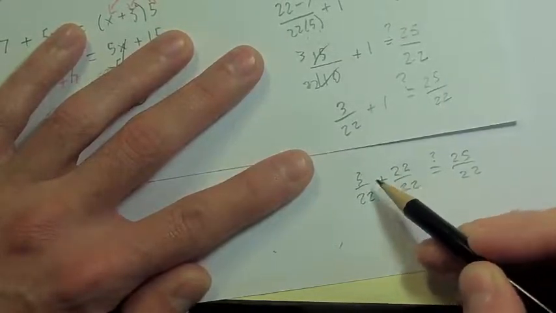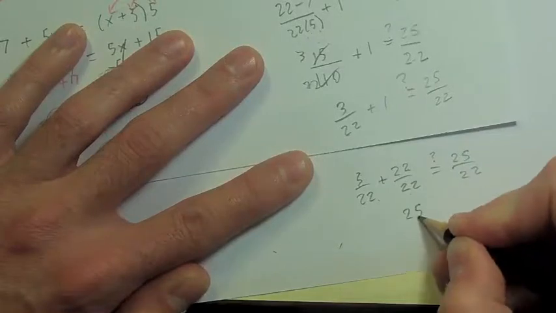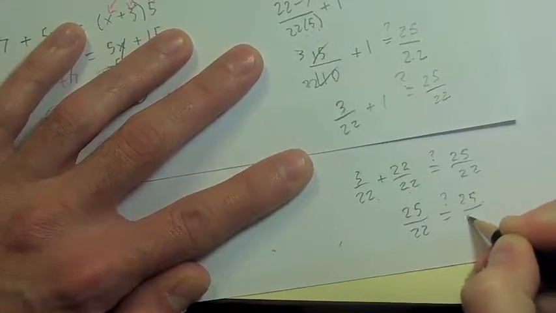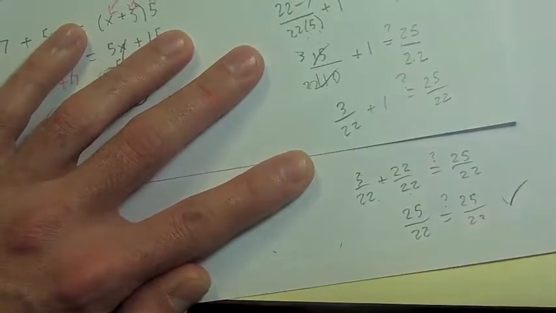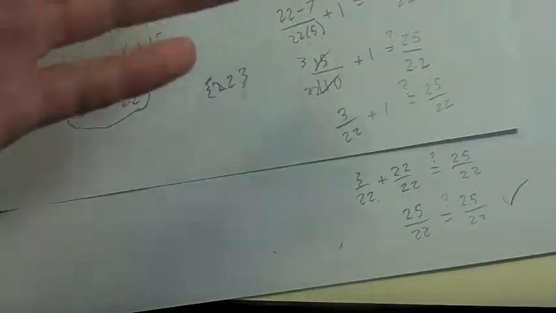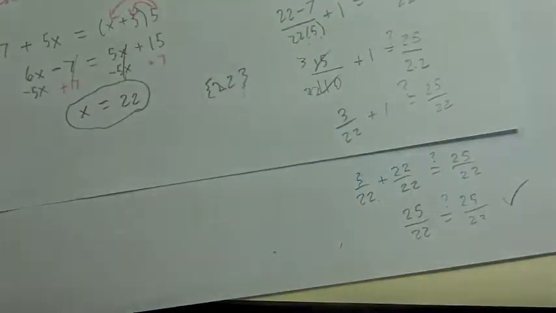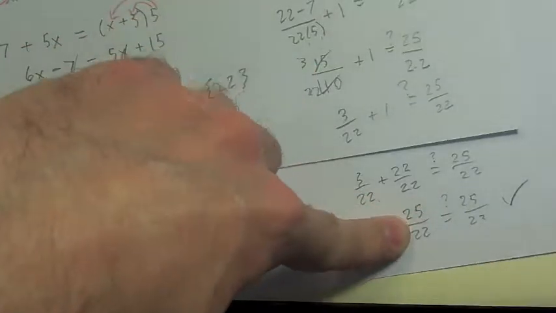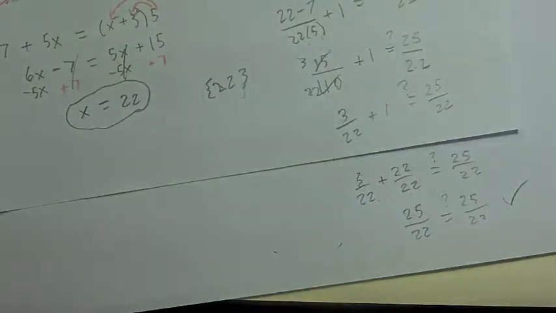So 22 plus 3 is going to be 25 over 22. All right, so that method works. We got what we wanted. We got what made sense. Okay, so that was just to show you, if you want to check your work, you can always plug the solution you got back into the original equation, and it should come out in the wash and work out to give you something like this.